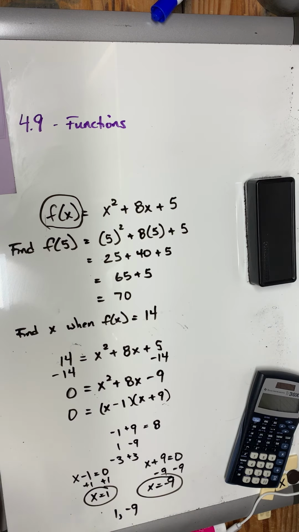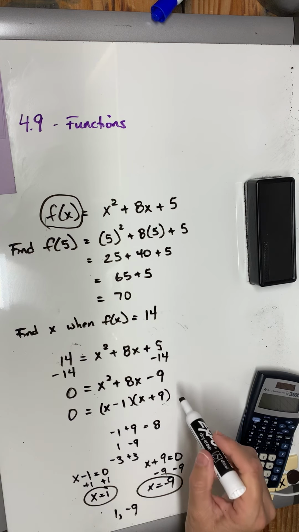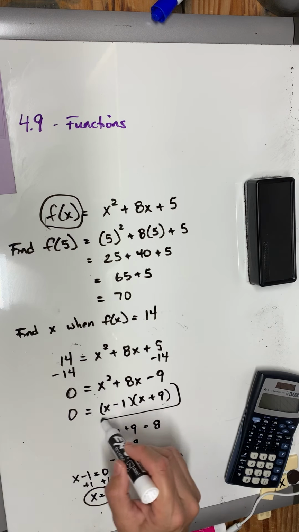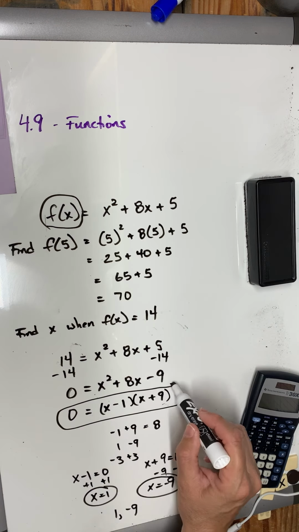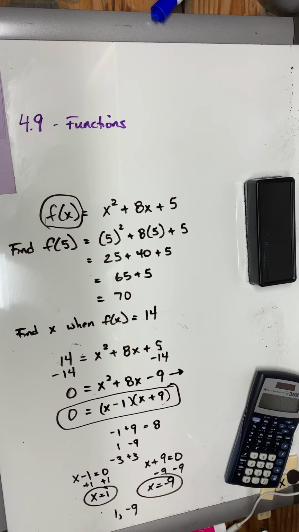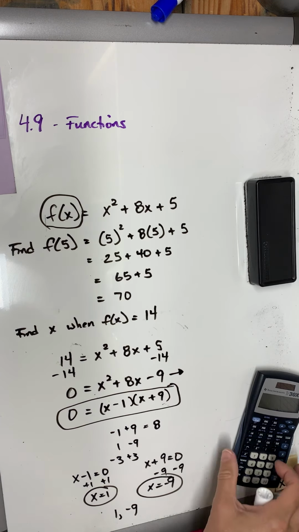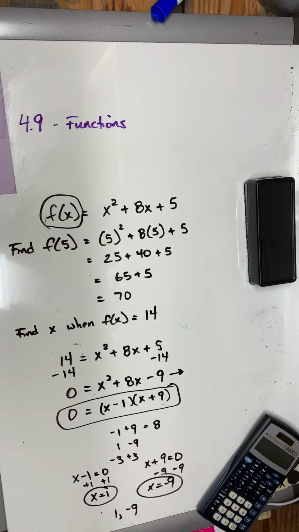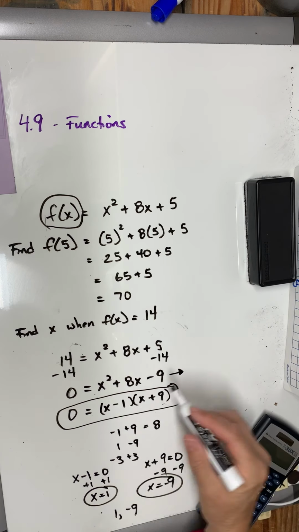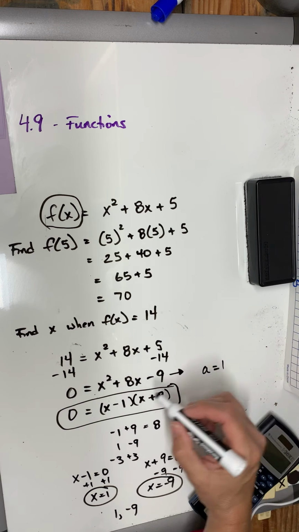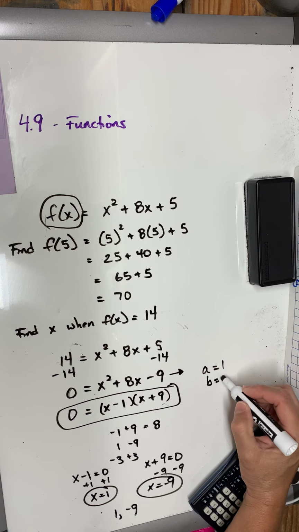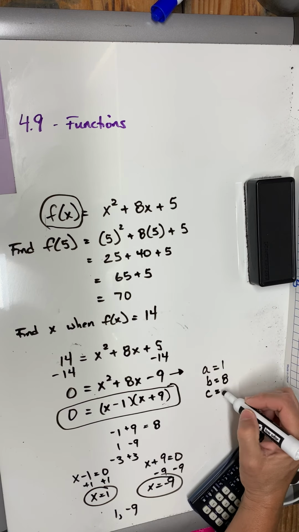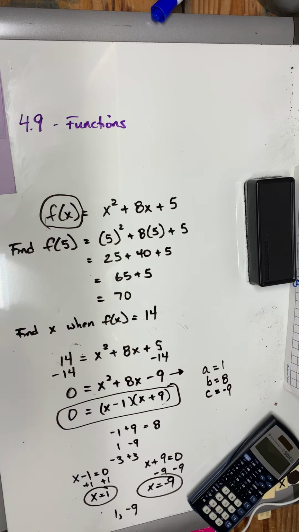For those of you who really struggle with this factoring piece right here, what could you do instead? You could use the quadratic formula, right? So you could do a is 1, comes from this, b is 8, c is -9, put it into -b plus or minus square root of b squared minus 4ac, and you'll get your two answers as well.